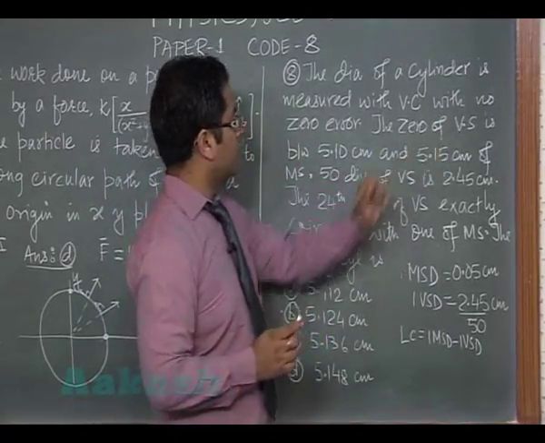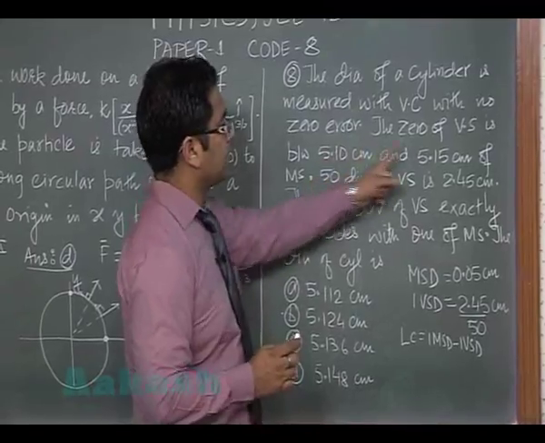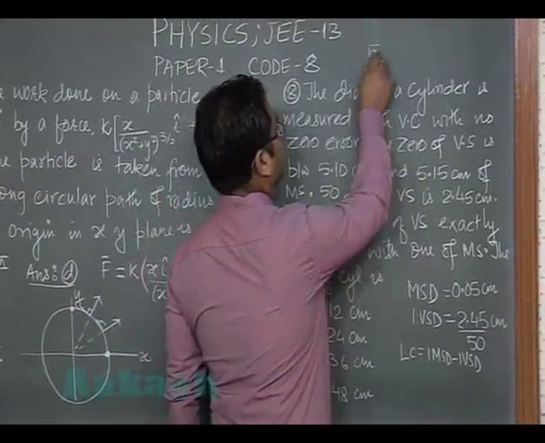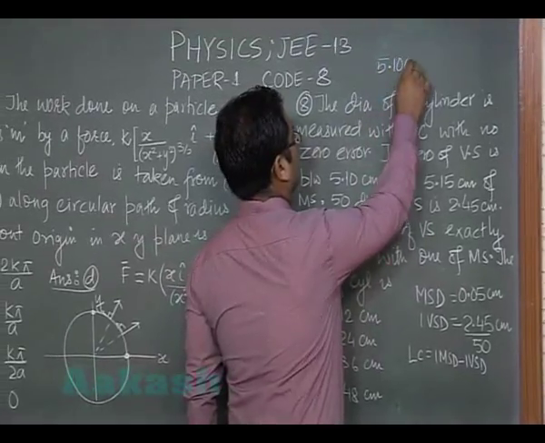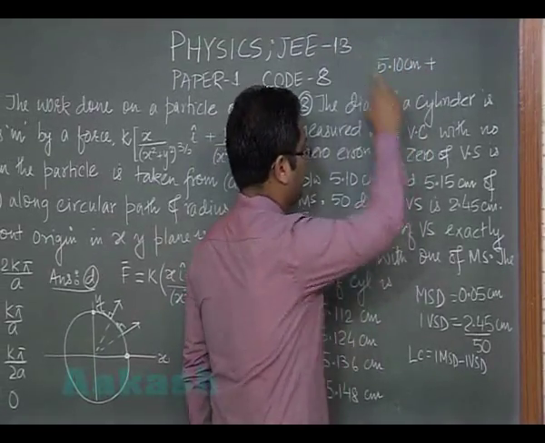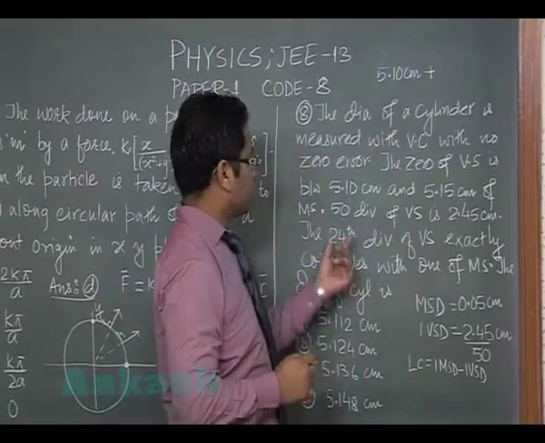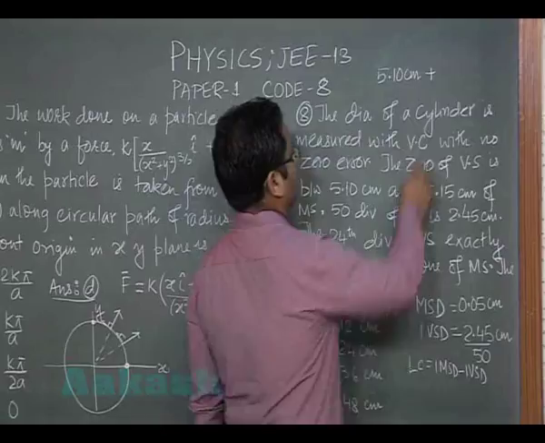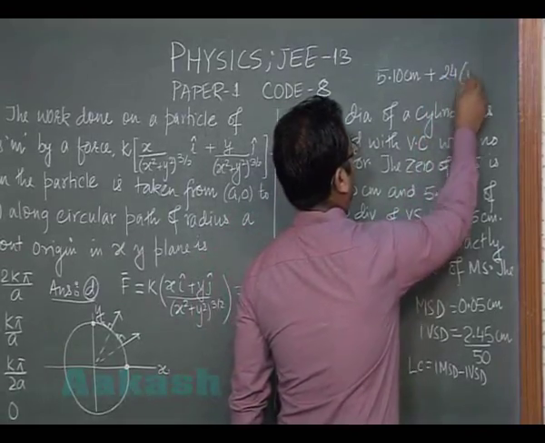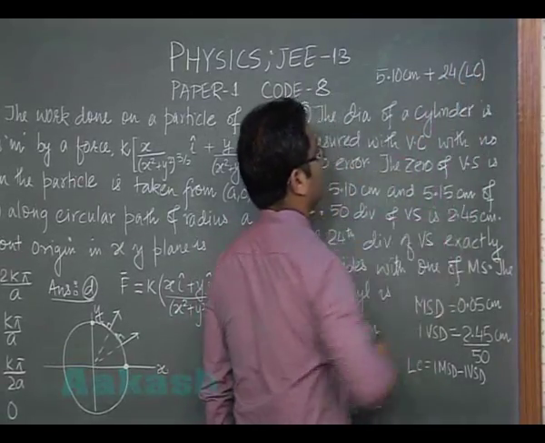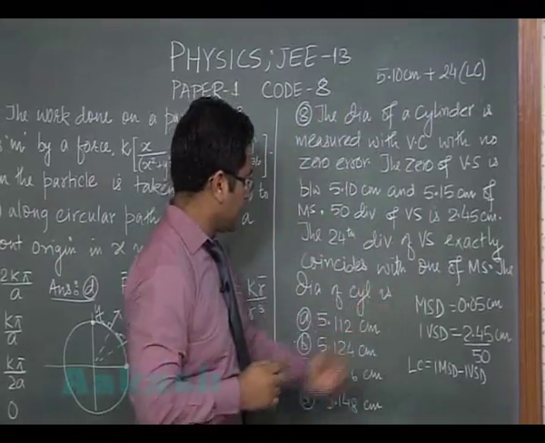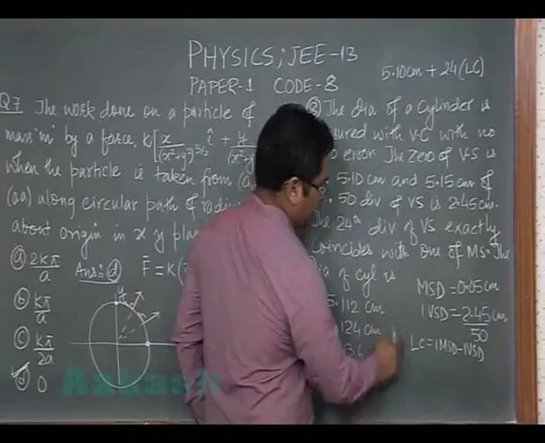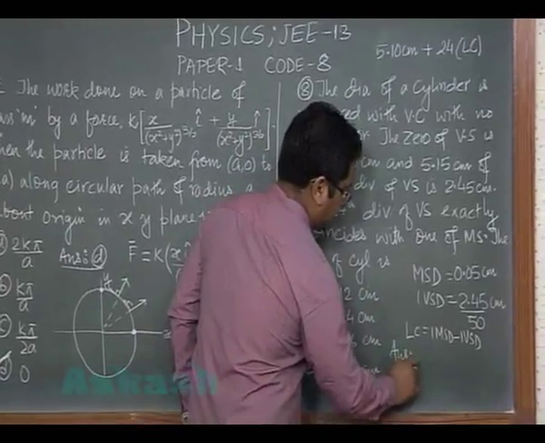The zero of vernier scale is between 5.10 and 5.15 of the main scale, so the reading is going to be 5.10 centimeter plus the 24th division of vernier scale coincides, so that would be 24 multiplied by the least count, and when you solve this you will get option number B. So therefore this is going to have answer B.